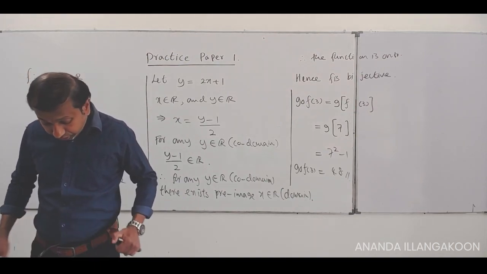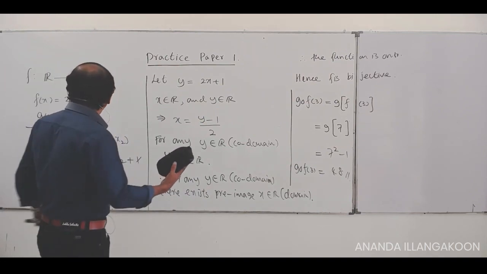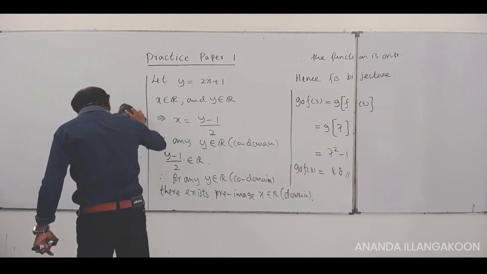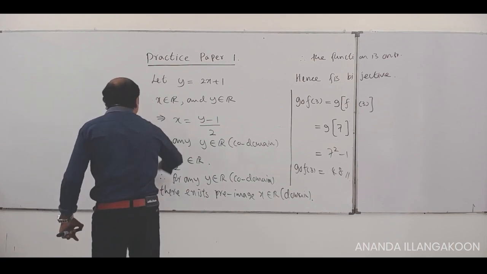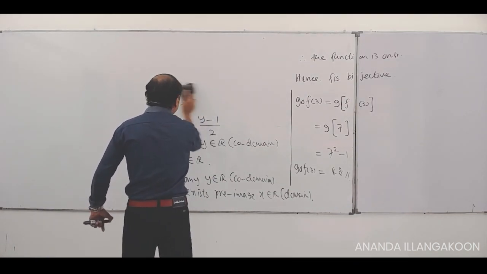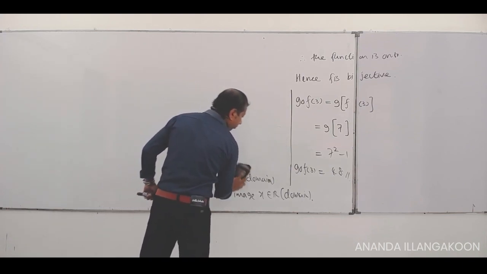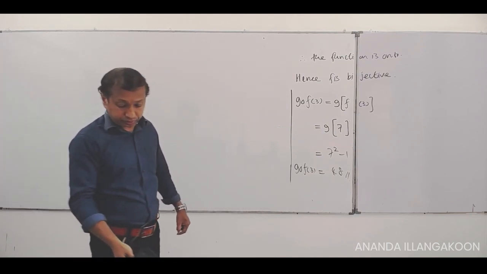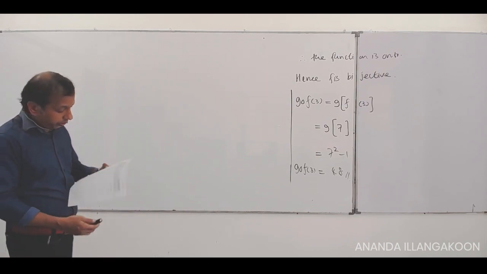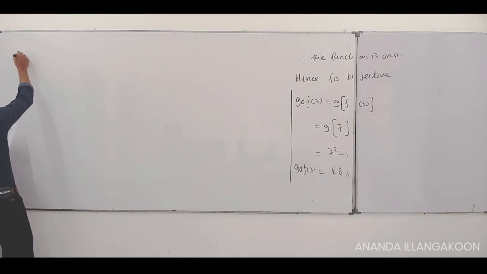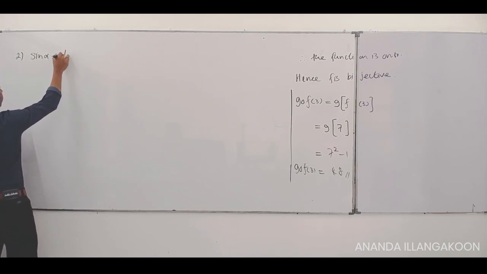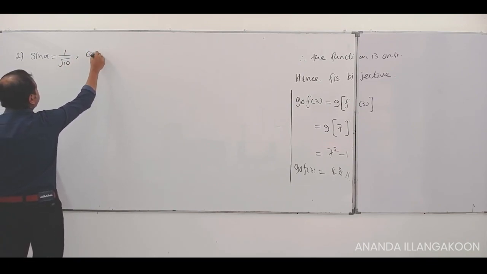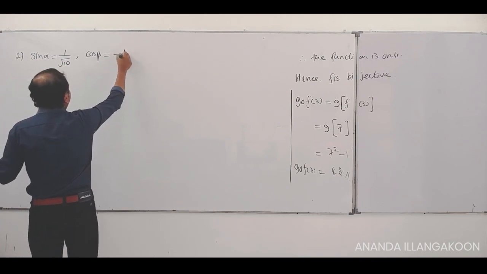Right. Second question, trigonometry. Sin alpha is 1 over root 10 and cos beta is minus 1 over root 5.